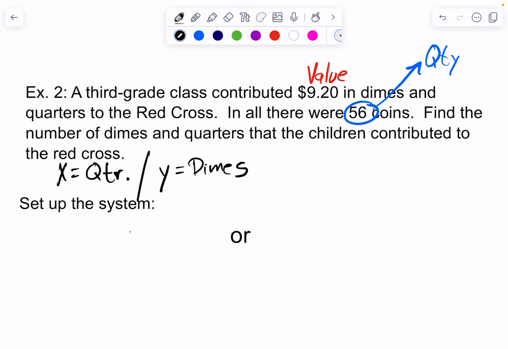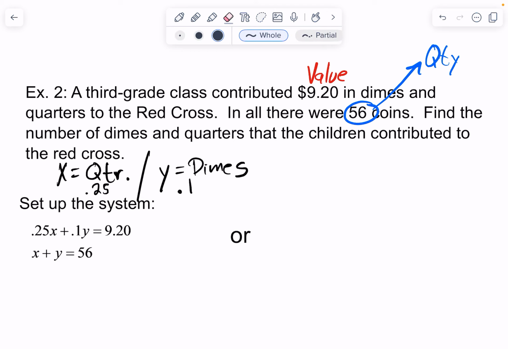I know that the value of every quarter is 25 cents. I know the value of every dime is 0.1. So 25 cents for every quarter plus 10 cents for every dime should give me a value of $9.20. And in total, I'm using 56 coins made up of dimes and quarters.